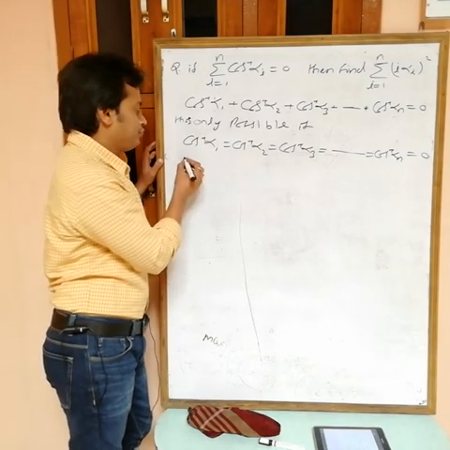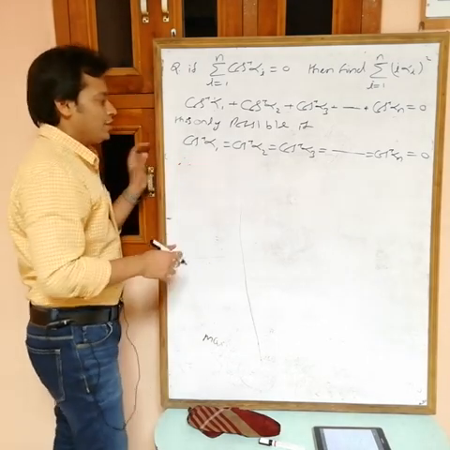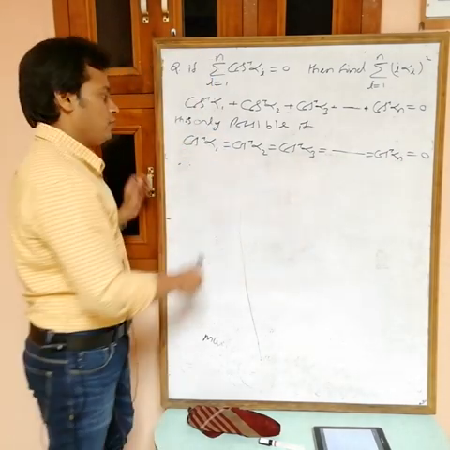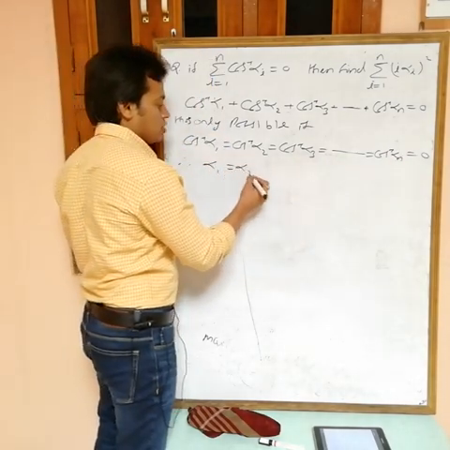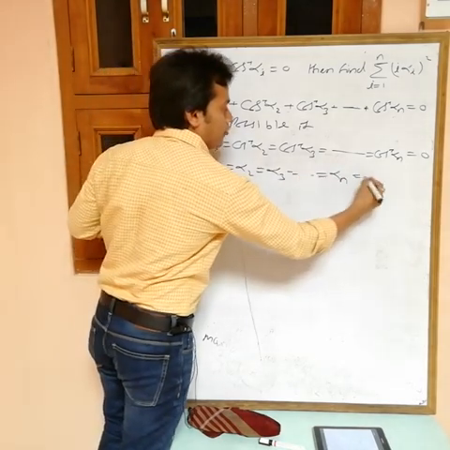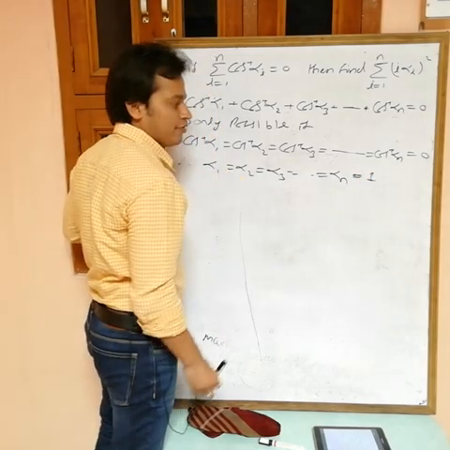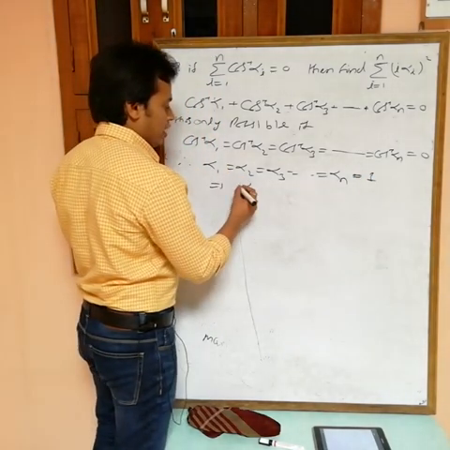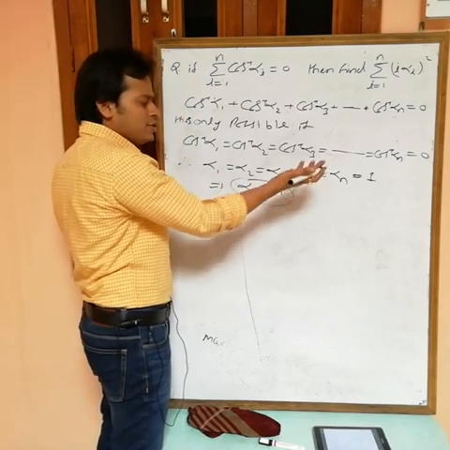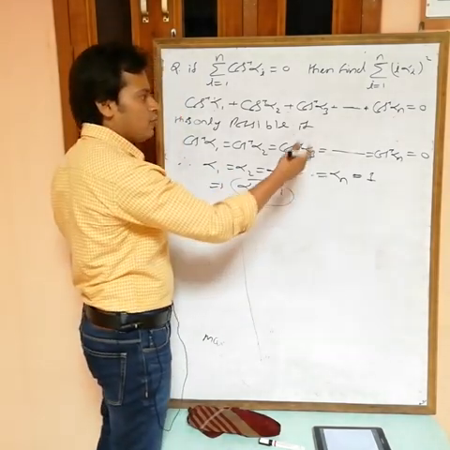So cos inverse alpha 1 equals 0 means alpha 1 is cos 0, which is 1. So alpha 1 equals alpha 2 equals alpha 3 equals alpha n equals 1. From this I can say that alpha i is equal to 1, because for any value of i, alpha i is always 1.